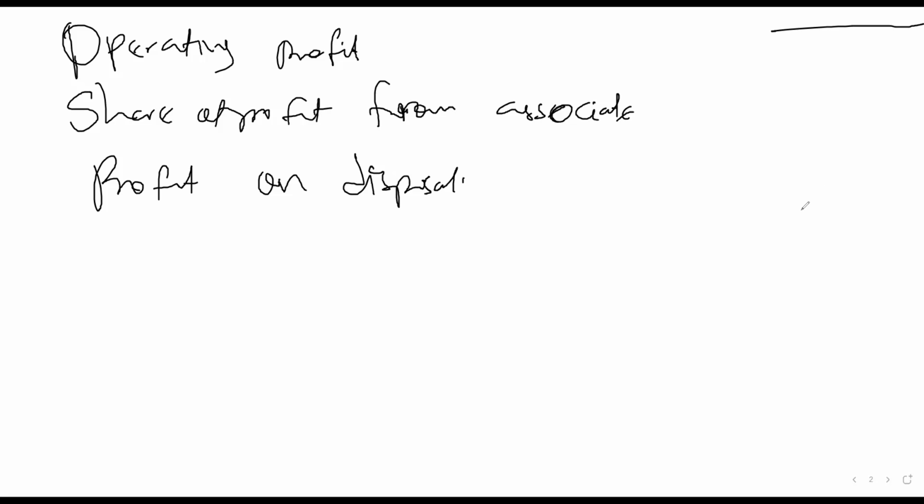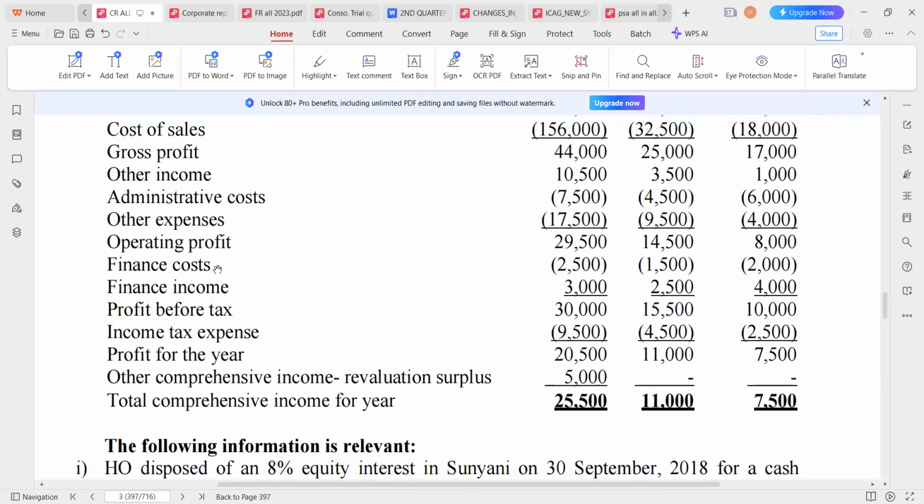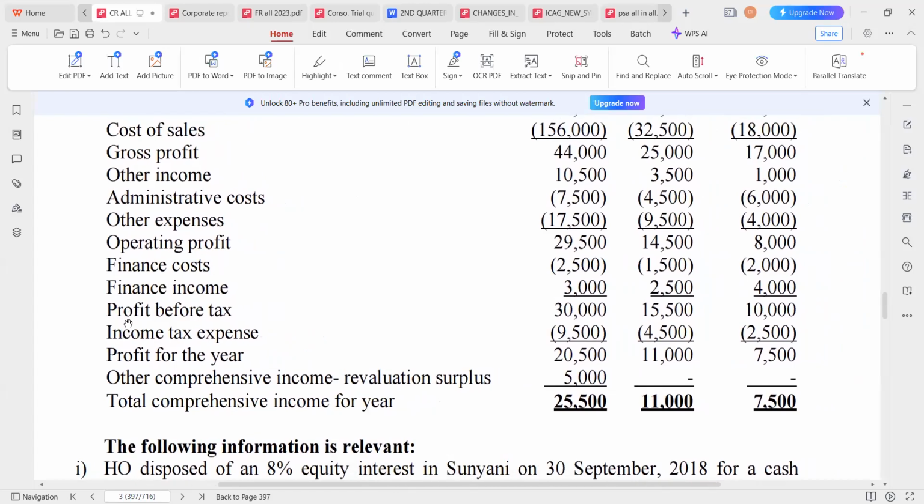That is all. Then you continue adding them, you get PBIT, profit before interest and tax. Then you continue the journey: finance cost, finance income, profit before tax, line by line, up to the very last item.